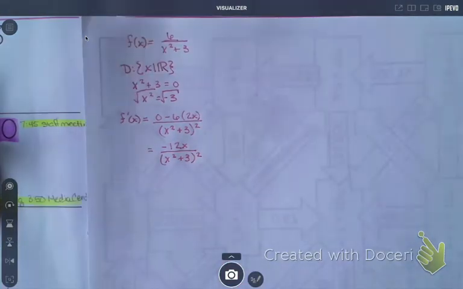Okay, so did you get negative 12x divided by x squared plus 3 quantity squared?